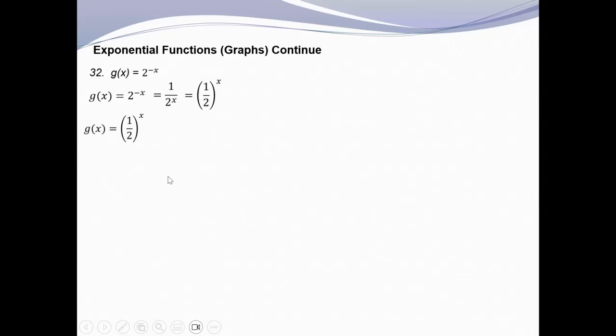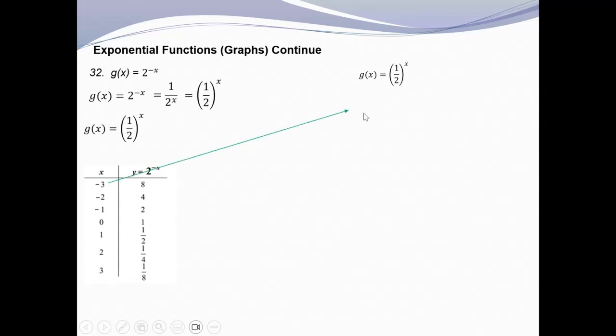So let's graph g of x equals 1/2 to the x power. Here, guys, if x is -3, it's going to give us 8, but let me show you how it's done. If we plug in -3, we invert it, and the exponent becomes positive, so it'll be 2 to the 3rd, which gives us 8.